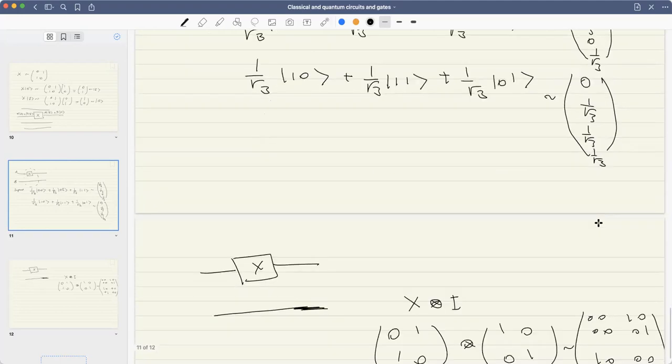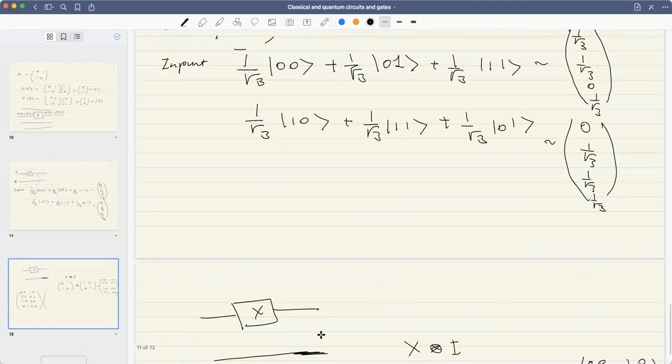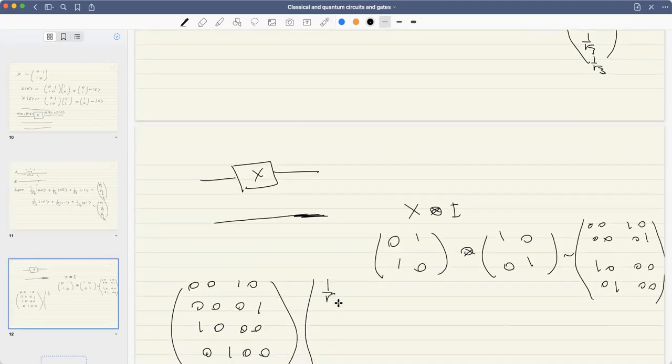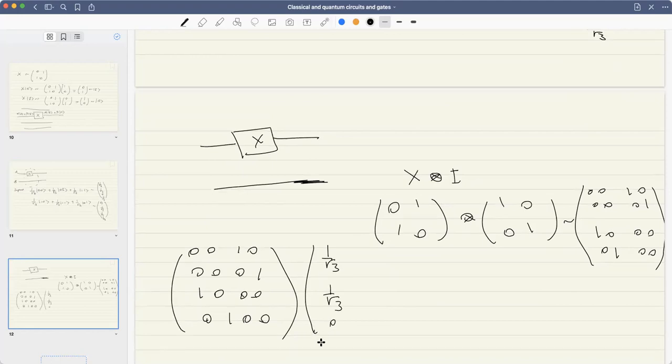As an example, if I take this and multiply it by this input here, 0, 1 over square root 3, what does it give me?